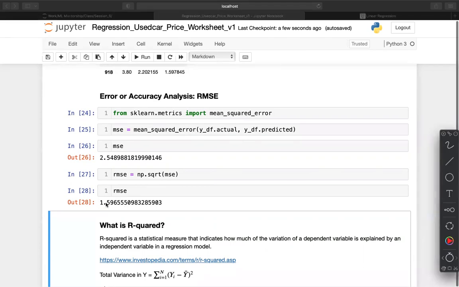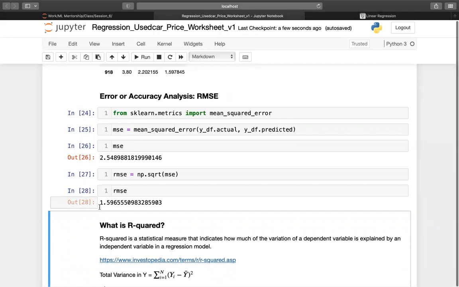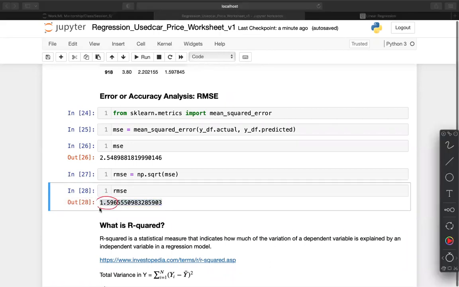So what does an RMSE of 1.59 mean? Intuitively, if you try to understand this, of course it has a little more complexity to it, when you use this model, price equals 7.6 minus 0.49 age, and predict the price of the car, there could be an average error of 1.59 lakh rupees.